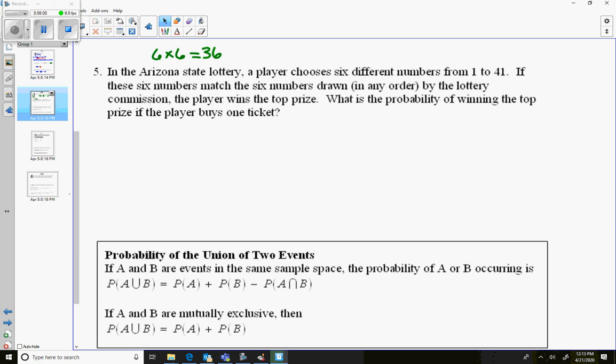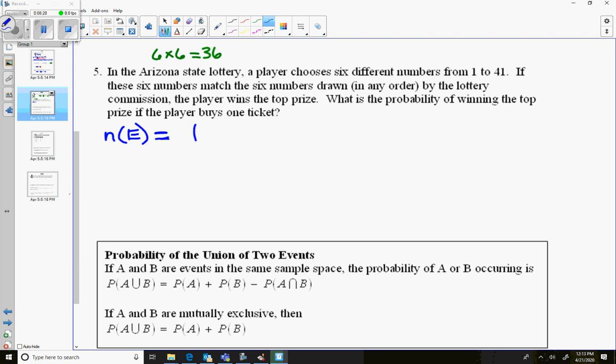So we're going to buy 1 ticket. Make that an equal sign instead of a dash. All right, so how many ways are there to get what we want? There's only the 1 winning ticket.